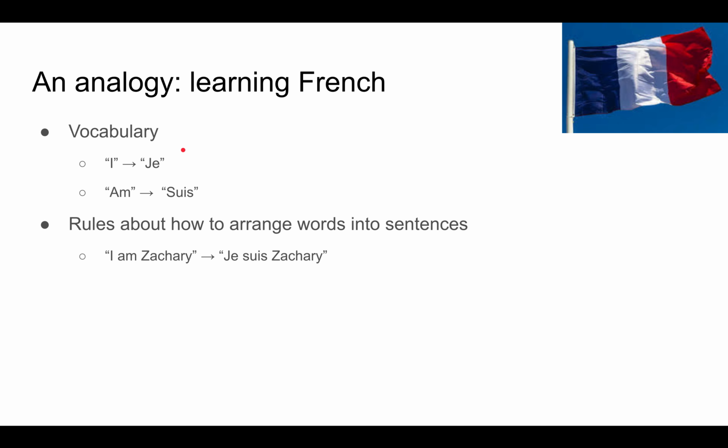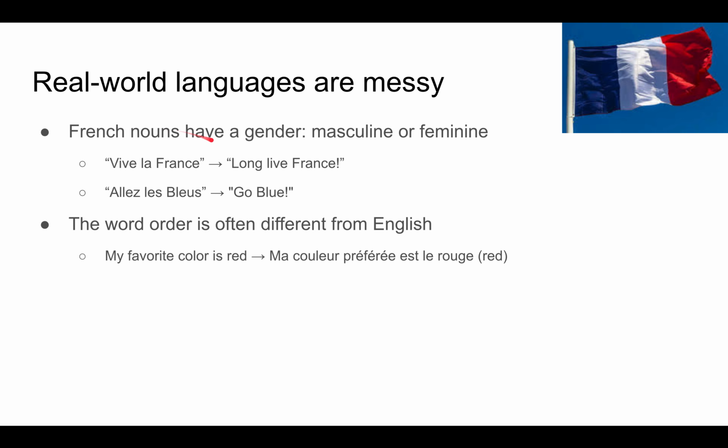When you learn French, you need to learn the vocabulary. For example, if you want to say the word I in French, that is je. If you want to say the word am, that's suis. Hopefully my pronunciation is not too terrible. And there are some rules about how to arrange words into sentences. So, je suis Zachary means I am Zachary. Now, real-world languages like French are very messy and have strange rules.